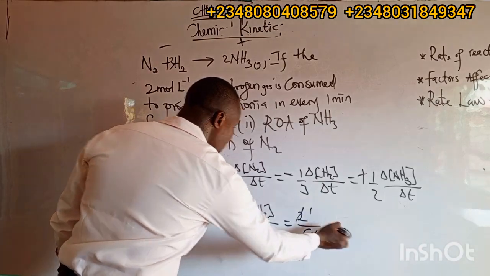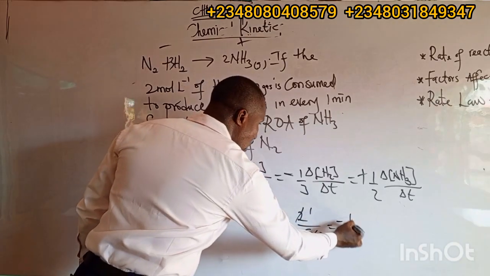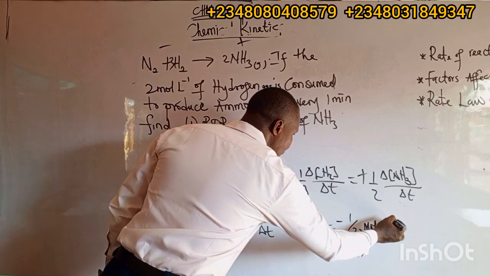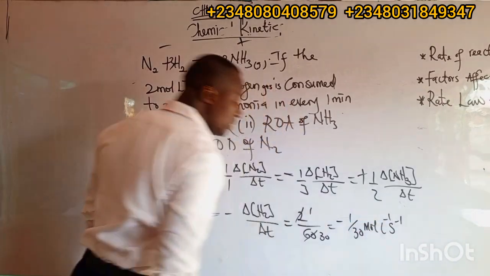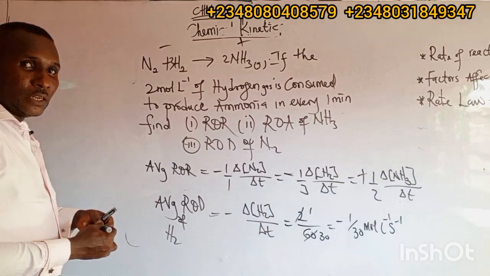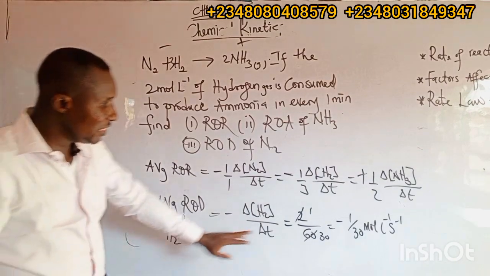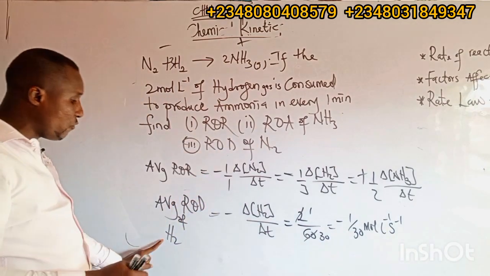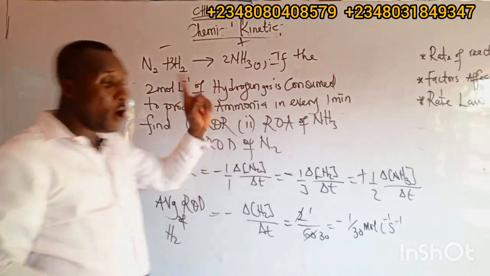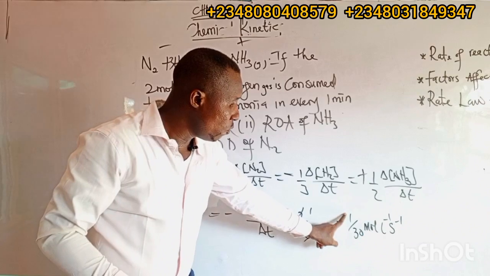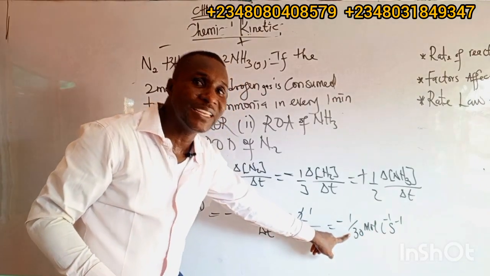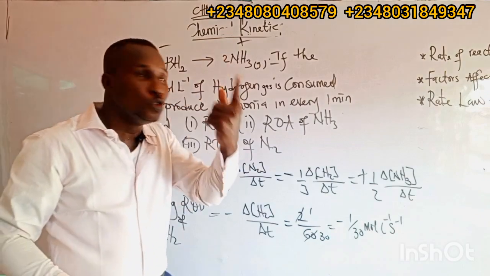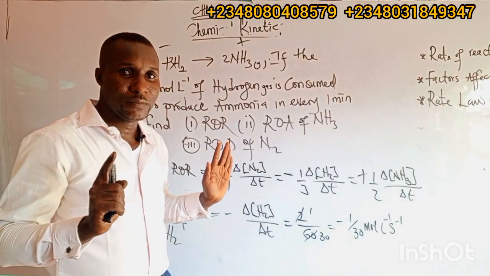That means I have minus 1/30 mole per liter per second. Take note. Do you understand? This is the average rate of disappearance of hydrogen gas. That means for every 1 second, 1/30 mole per liter of hydrogen gas is being used to produce ammonia.